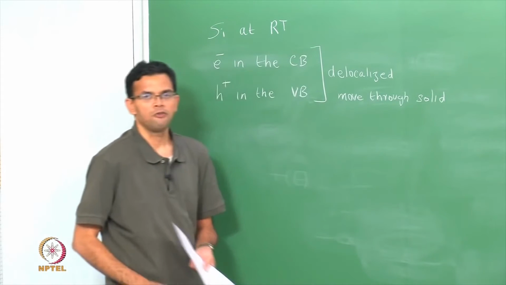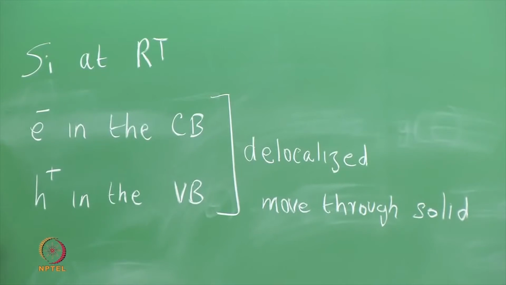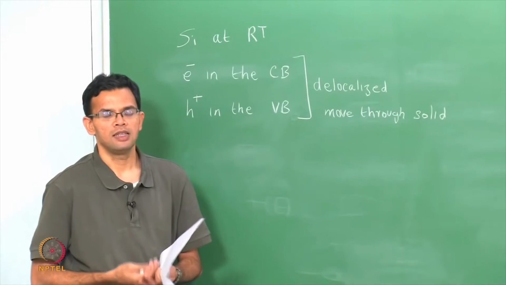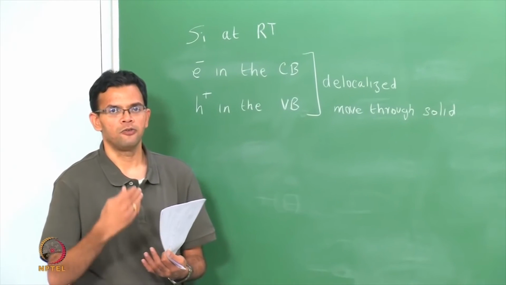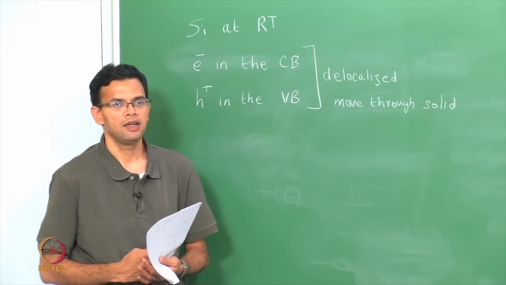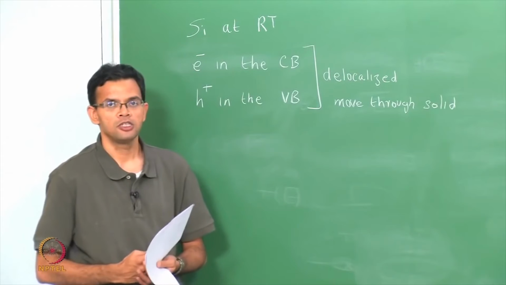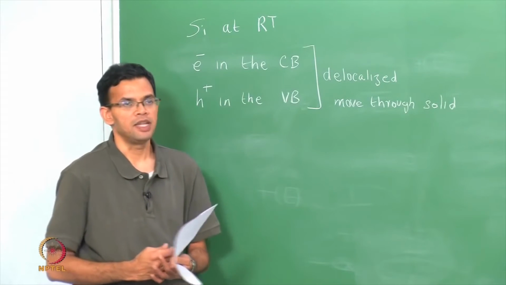The process of formation of the electrons and holes is a dynamic process. That is, electrons and holes are constantly being formed. At the same time, electrons also fall back to the valence band and recombine with the holes, so that they are also getting eliminated.